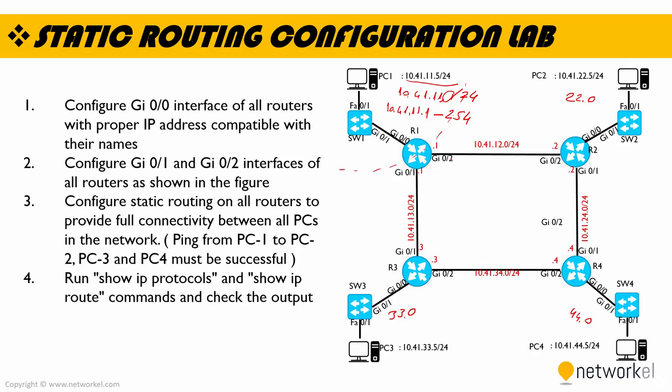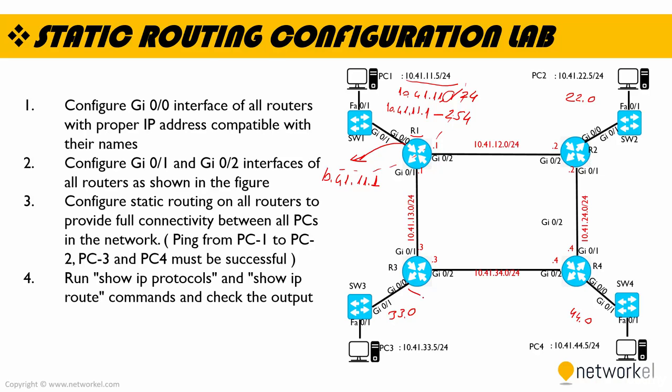But because the question is saying that all routers' GIG0/0 interface should have a compatible IP address with their names, I need to assign the 11.1 IP address for GIG0/0 because this is router 1.